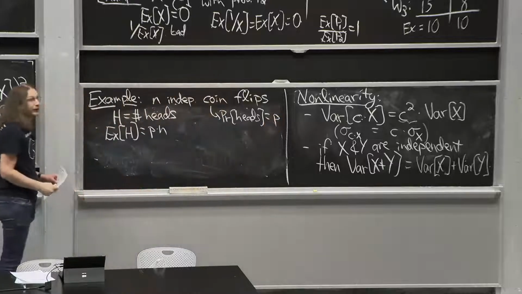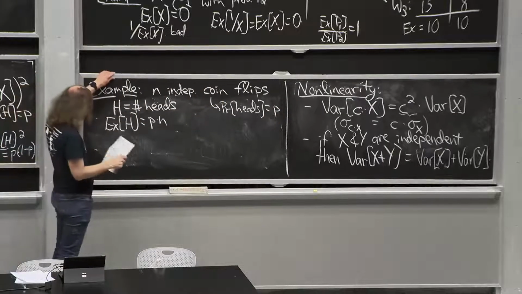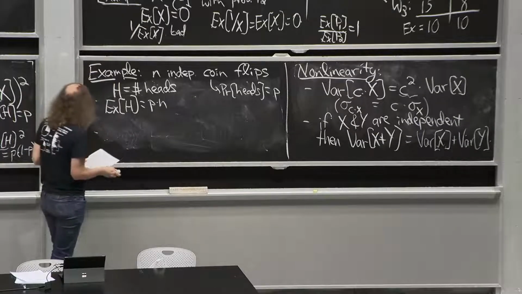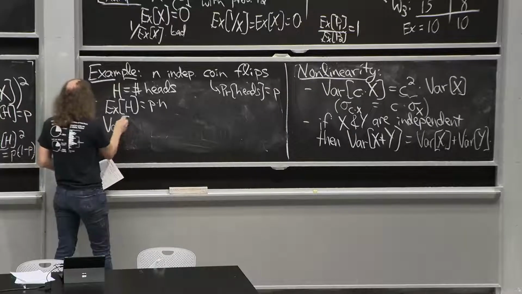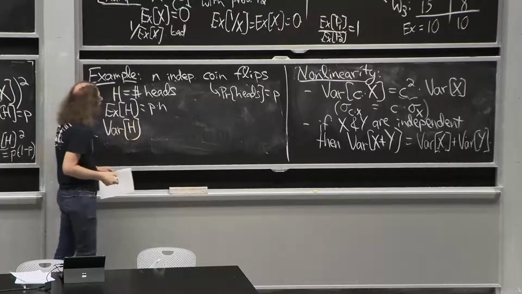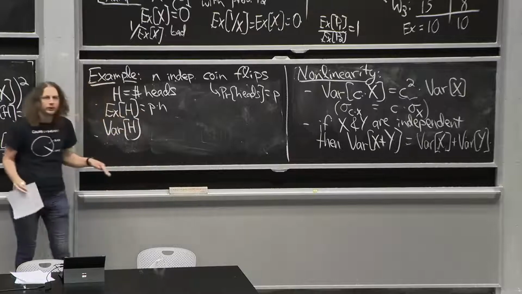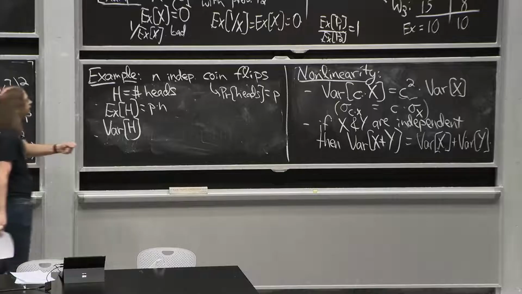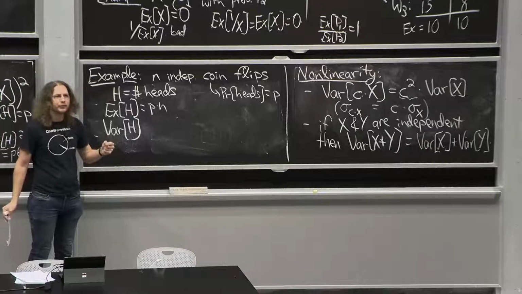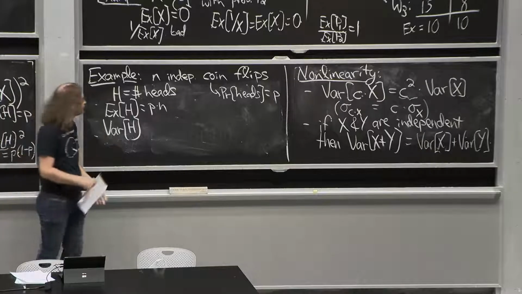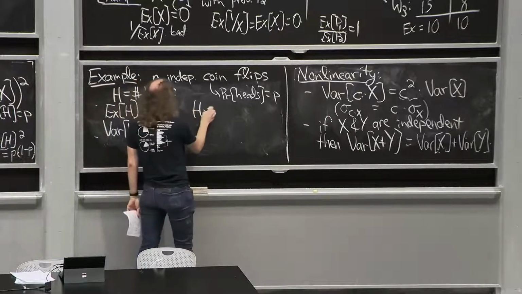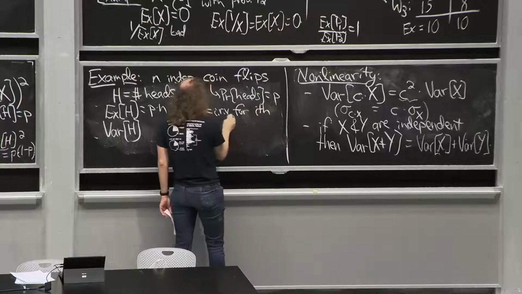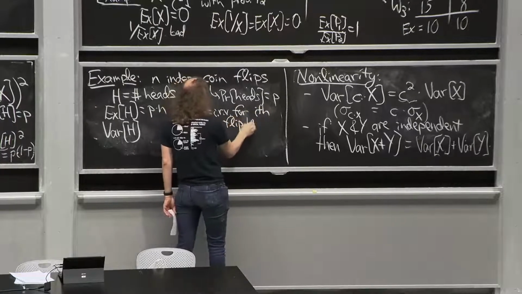OK, what about the variance? And the idea, just like when we computed expectation, we split up h as a sum of n hi's, where hi is an indicator random variable for whether the ith flip was a heads.